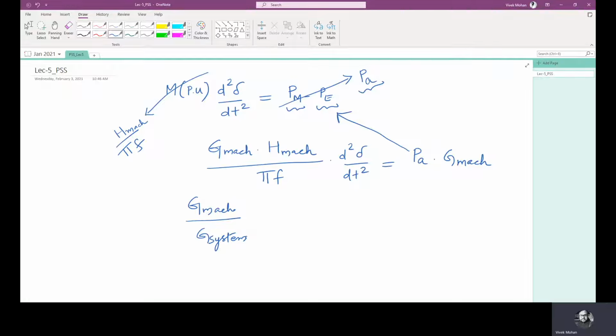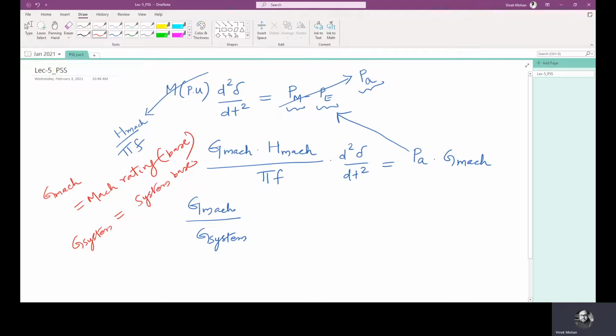So that is what G system is. G machine equals machine rating base, and G system equals system base.